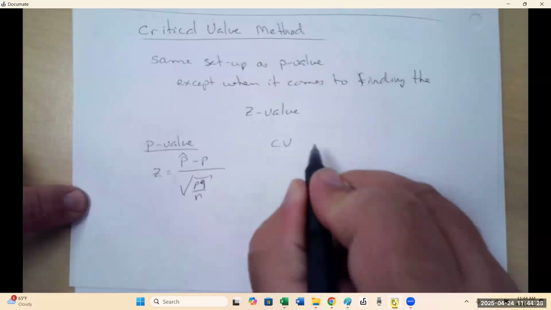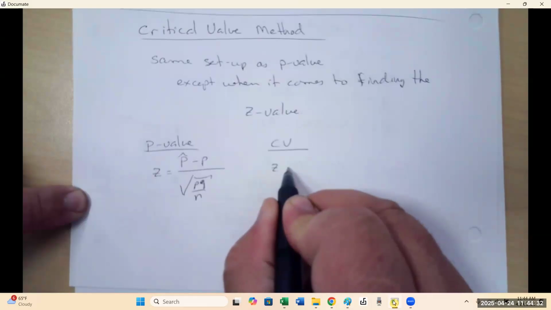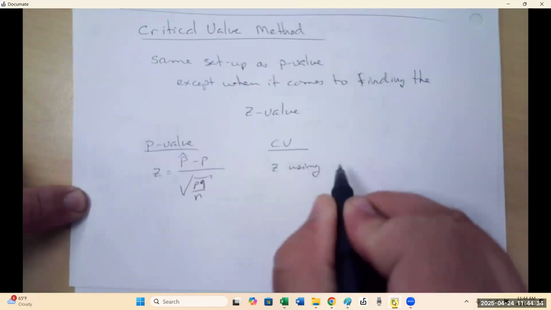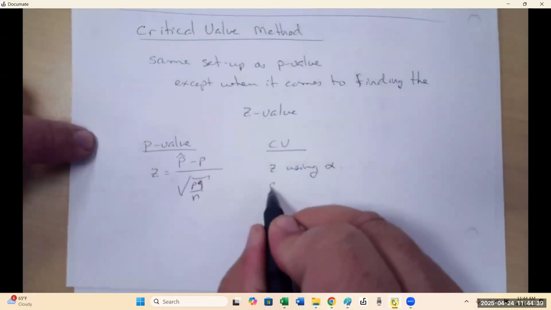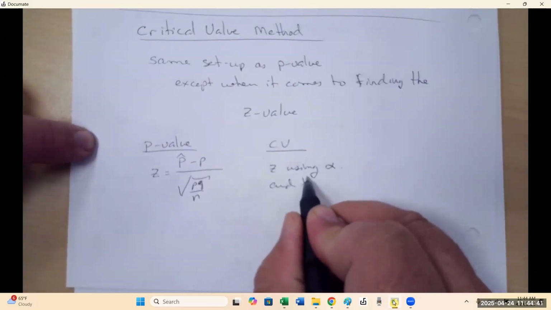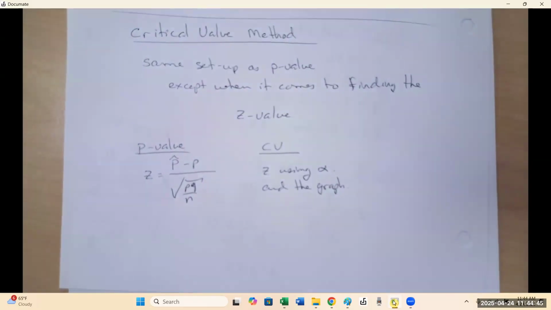The critical value method uses alpha and the graph. So we know what kind of test it is.